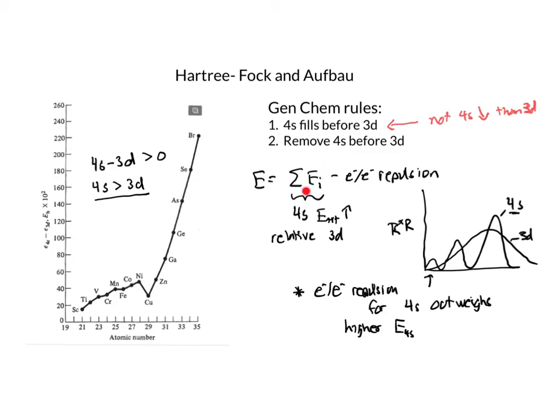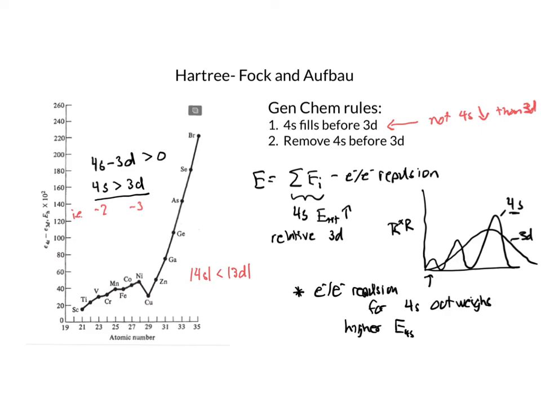Remember that all these orbital energies are negative. And so if 4s is higher than 3d, it means that the absolute value of 4s is actually going to be less than the absolute value of 3d. So for example, let's say that 4s is at -2 Hartree and 3d is lower than that, so is at -3 Hartree.